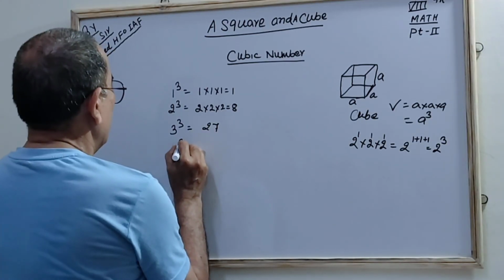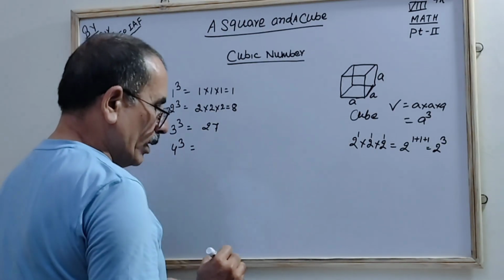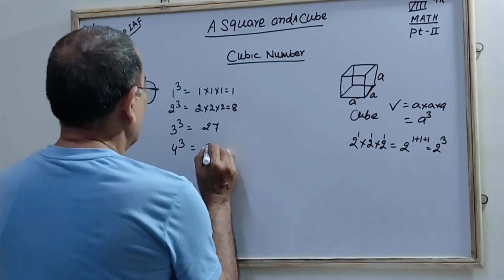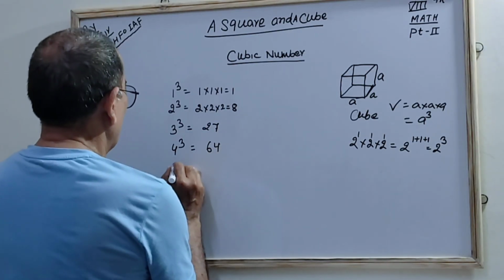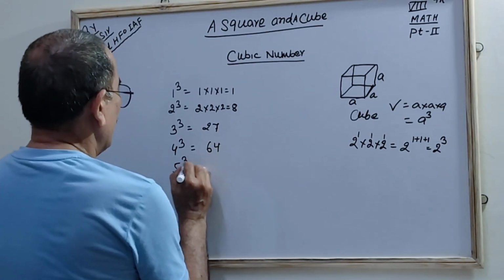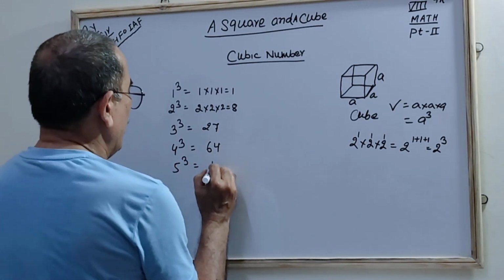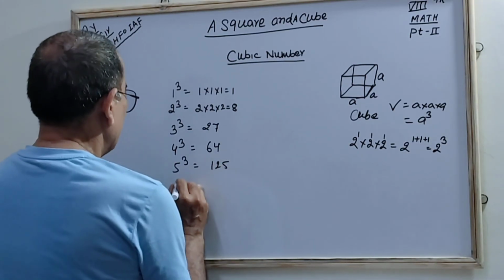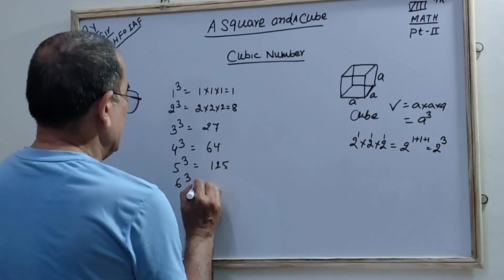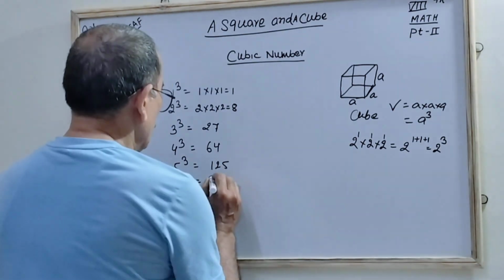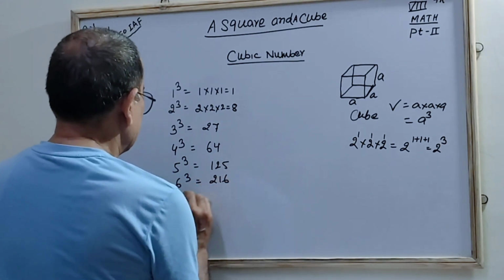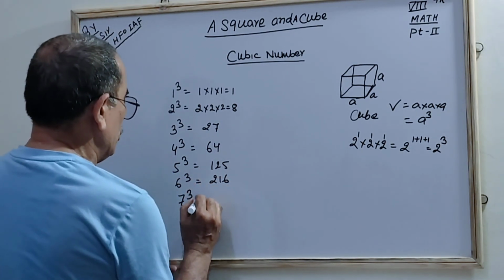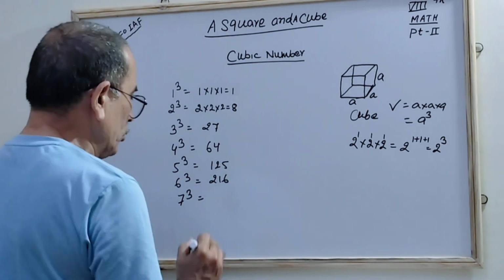When it is the 4 cube, we know that 4 into 4 into 4 is going to become 64. Similarly, the 6 cube is going to become 216. Correct? And the 7 cube will be equal to 343.